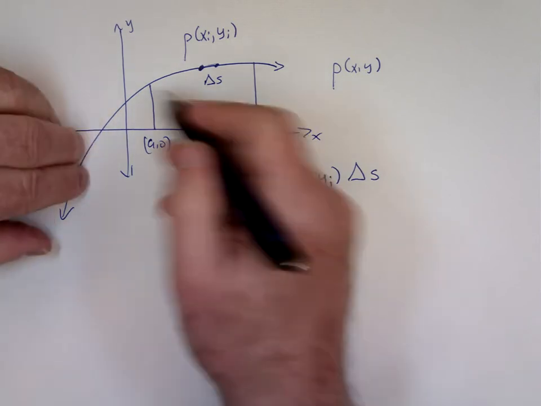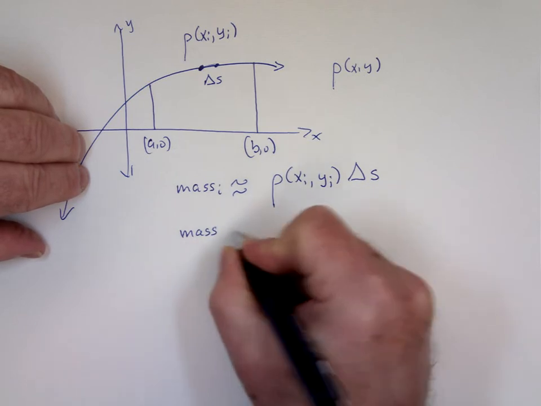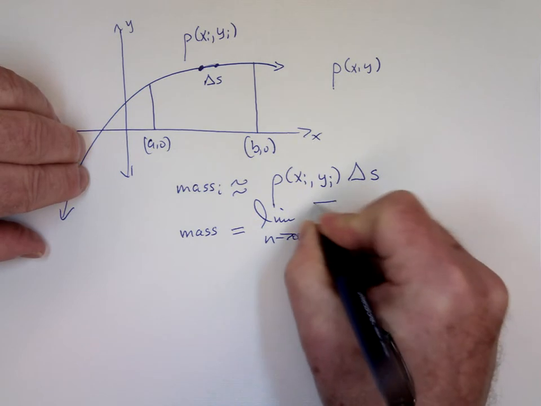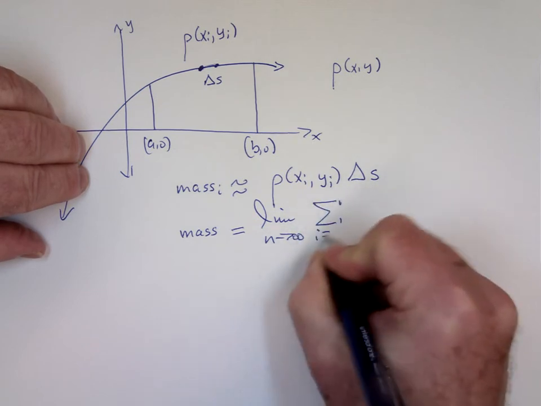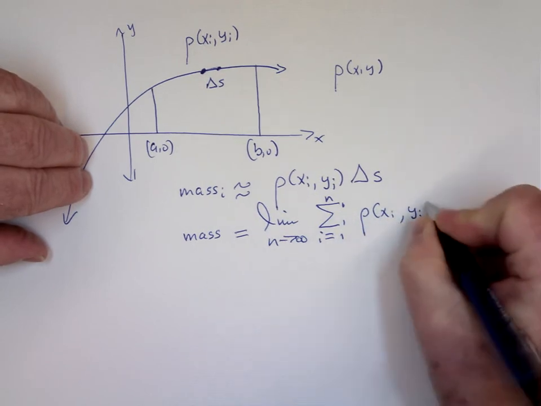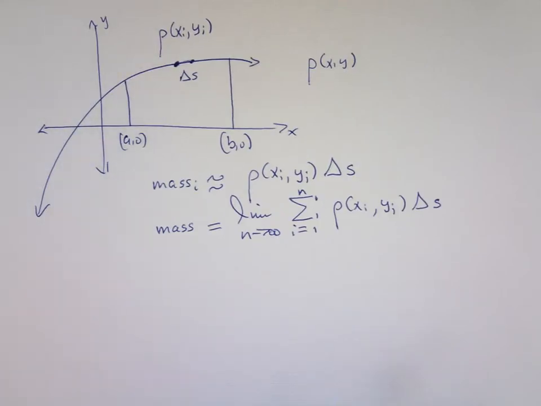The mass of the whole wire is going to be equal to the limit, as n goes to infinity, of the sum of all these pieces. Okay. That is a Riemann sum in S, the arc length, as opposed to a Riemann sum in terms of x, down to the x-axis.